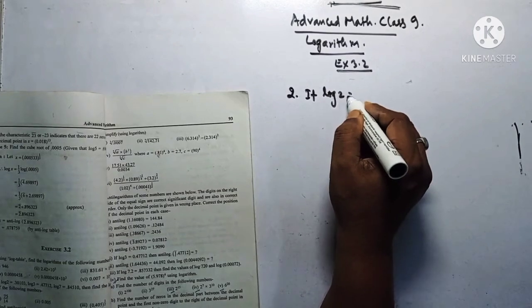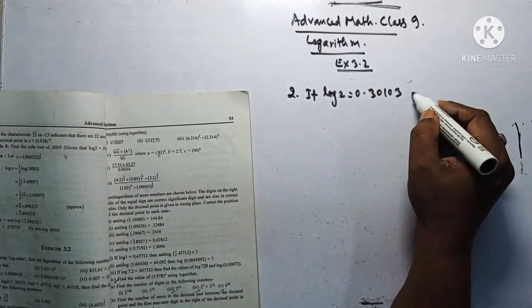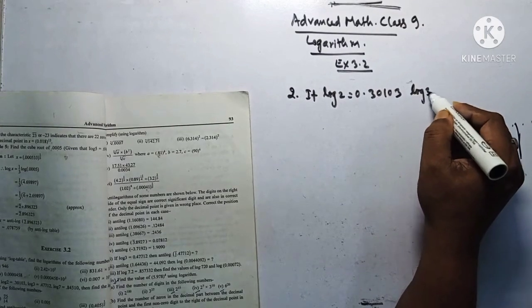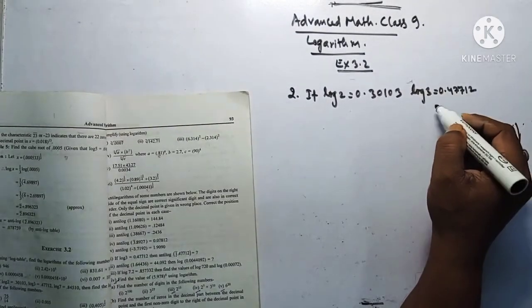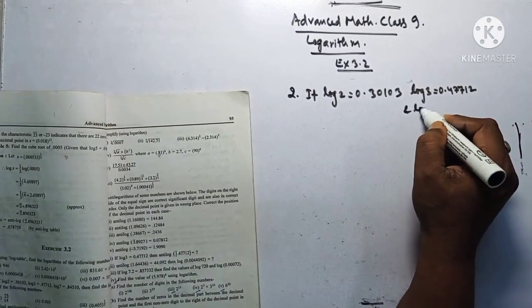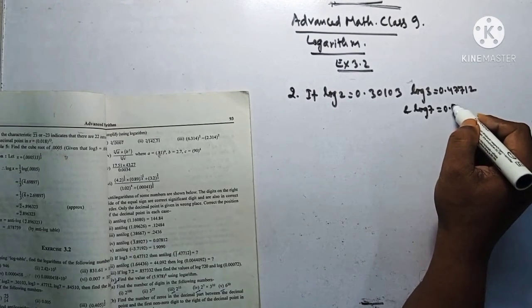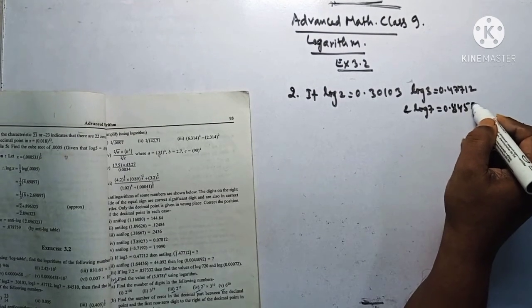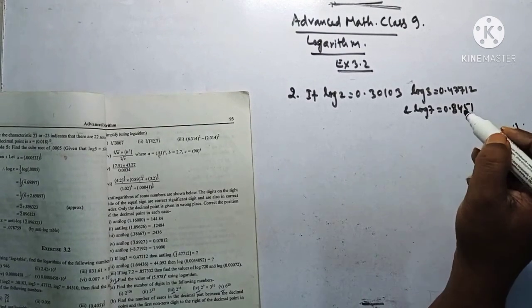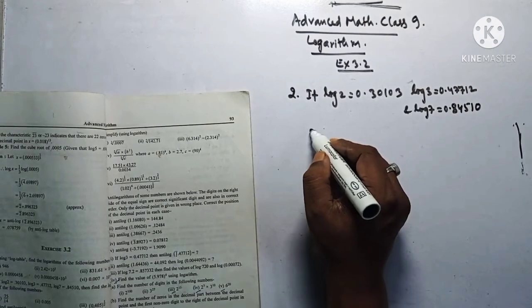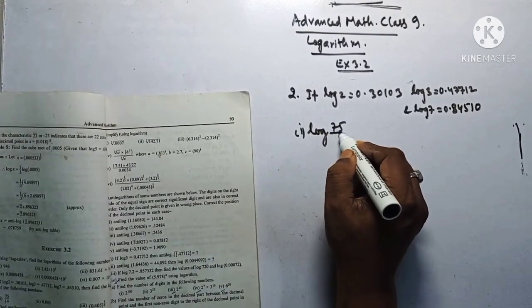Log 2 is equal to 0.30103, and log 3 is 0.47712, and log 7 is equal to 0.8451. This is given to you. So you have to find first log 75 by 14.